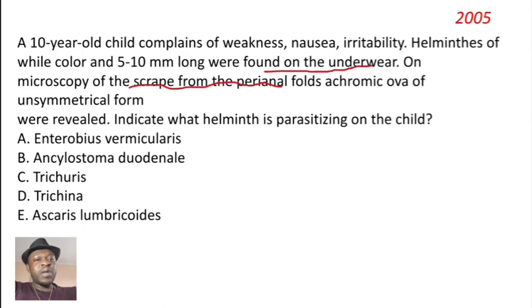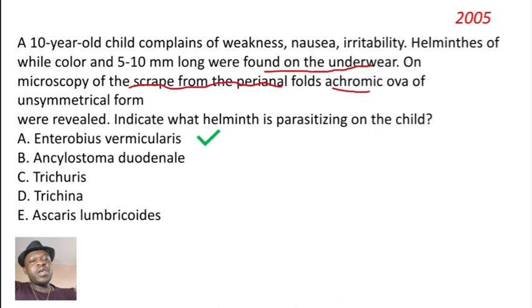This will be aided by the method of collecting the specimen. We scrape around the perianal folds, and we will also see achromic ova, or achromic eggs, with asymmetrical form. So this one is Enterobius vermicularis. Another way is they can take a sellotape and leave it on the anal region.